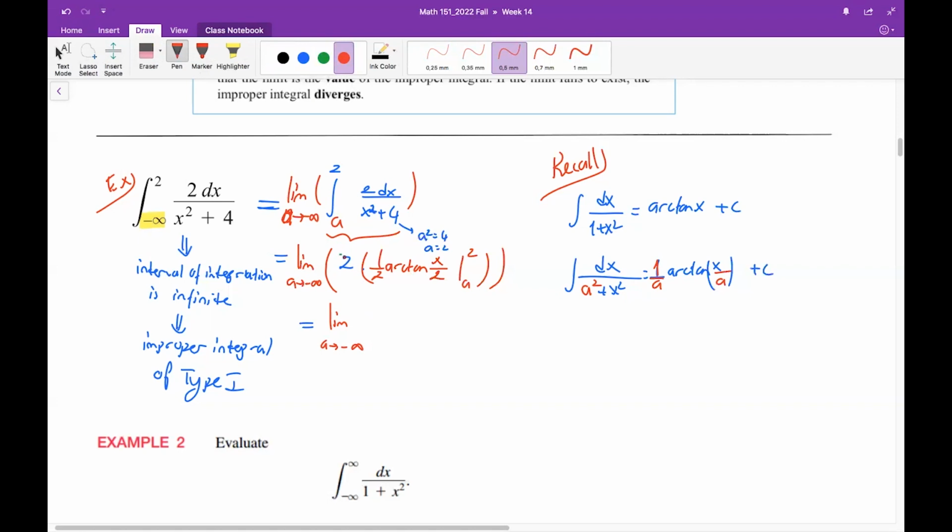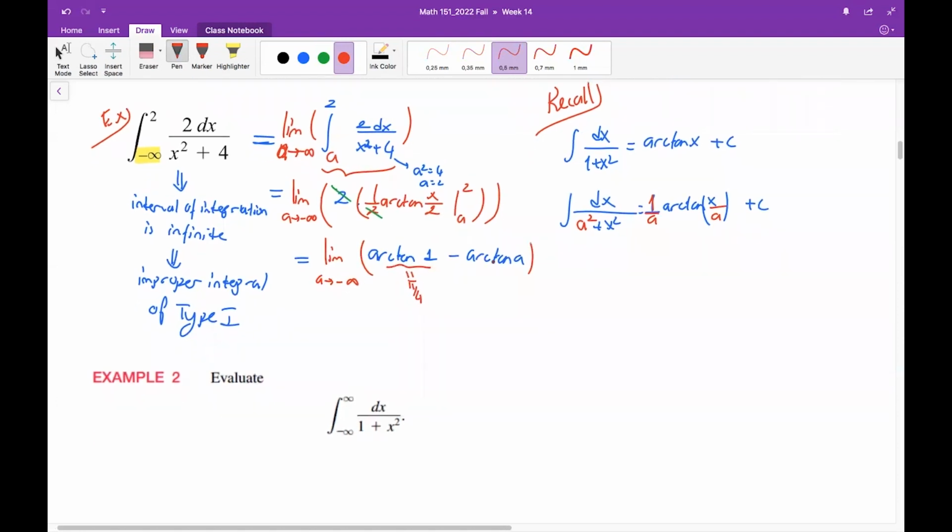These two are gone. Like that. So insert now x equals 2. It means arctangent 1. Then insert a. Arctangent a. Okay. So what is arctangent 1? It is 45 degrees, so pi over 4.